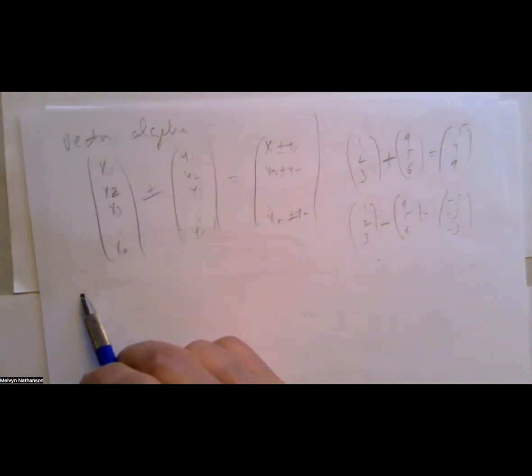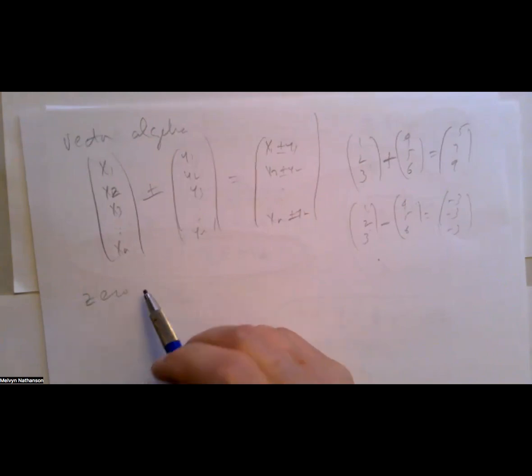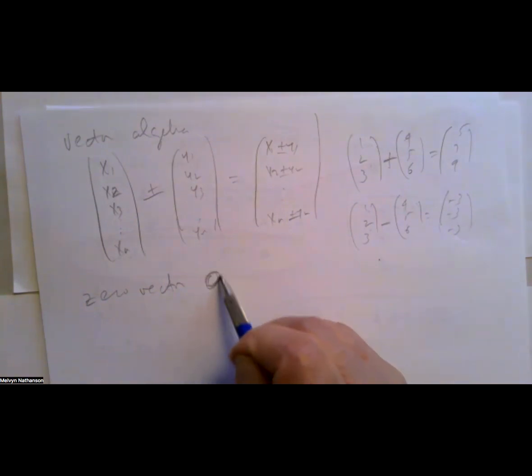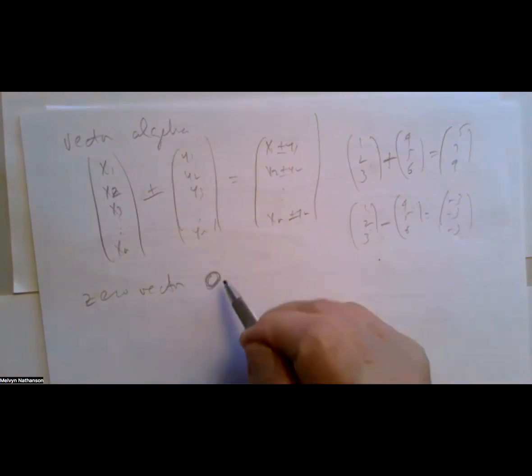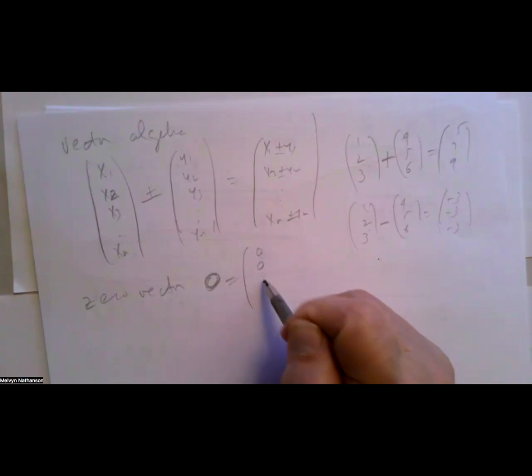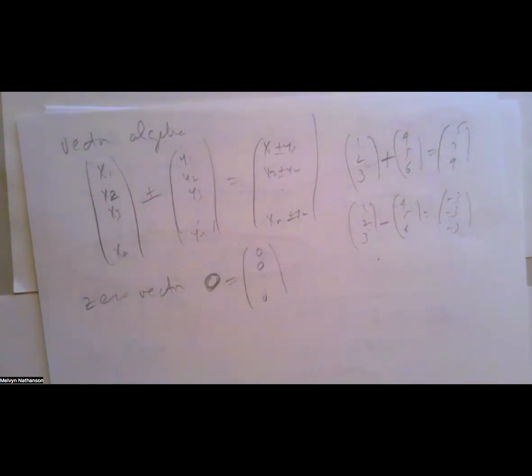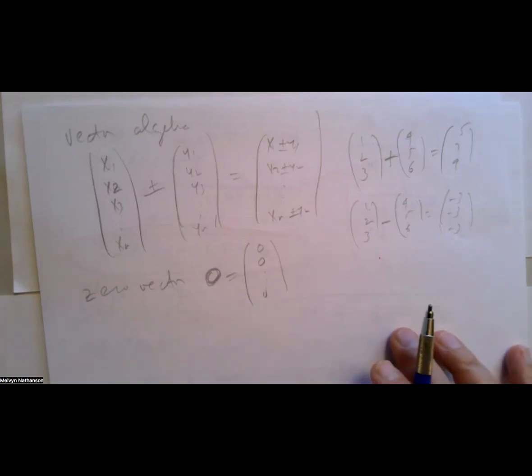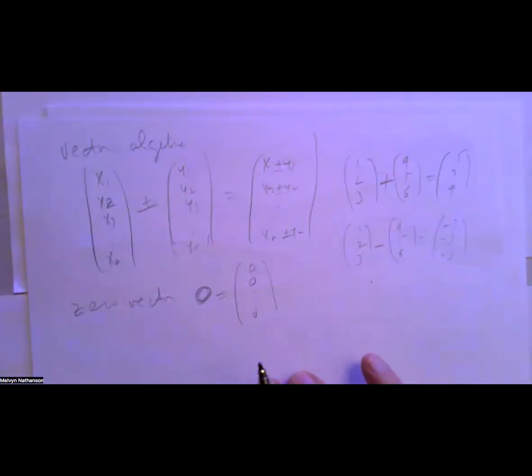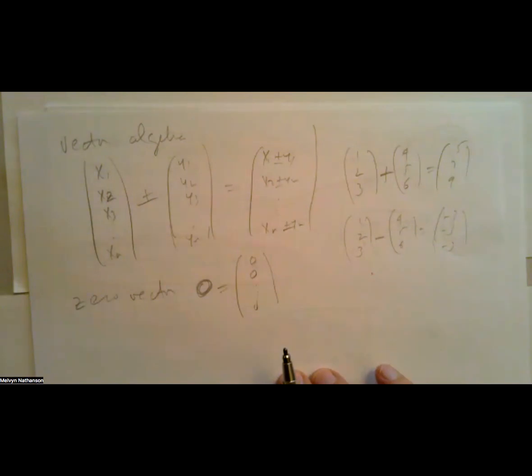I should also add there's the vector all of whose coordinates are 0, which is called the 0 vector, usually written as a bold-faced 0. And that's the vector where every coordinate is equal to 0. This definition of vector addition satisfies certain properties.